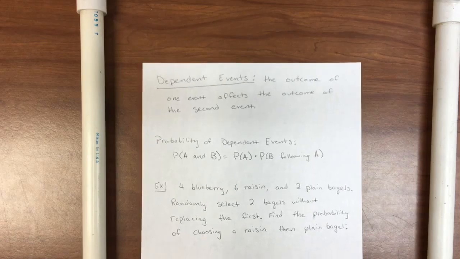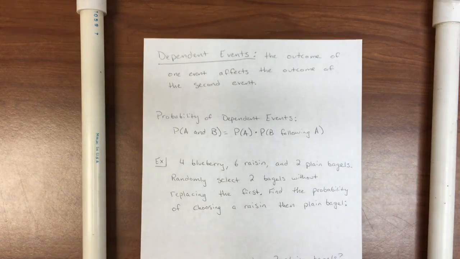So for an equation for finding the probability of dependent events, we're still going to have the probability of A and B, and then it's going to equal the probability of A, just the same, the probability of the first outcome, and then it's going to be multiplied by the probability of B following A. So that's the part where the second event depends on the first event.